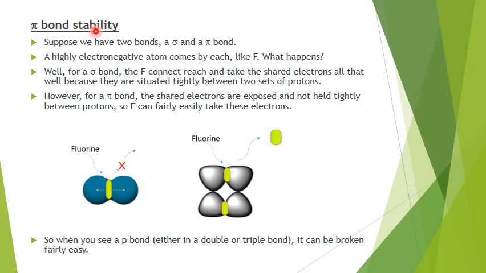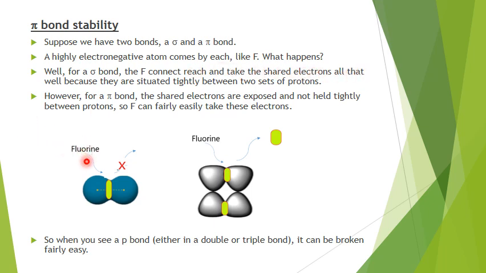Say pi bond stability. Suppose we have two bonds, a sigma and a pi. Here's a sigma bond and here's a pi. A highly electronegative atom comes along, like fluorine. What happens? Well, for the sigma bond, the fluorine cannot reach and take the shared pair all that well.